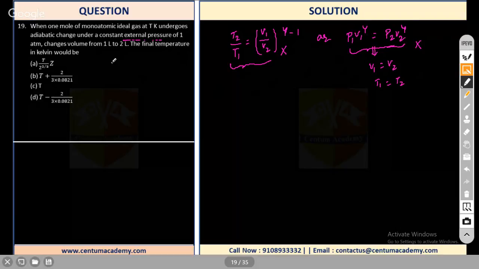Correct? So now in this case, since it is an adiabatic process, del Q is equal to 0. And hence we can write del E is equal to del W. Del E is nothing but n Cv delta T, that is T2 minus T1, and del W is minus P into V2 minus V1.